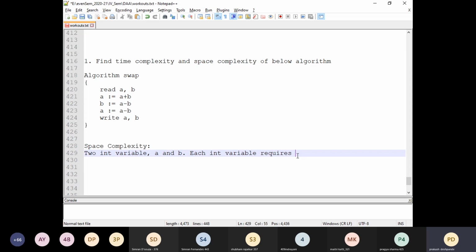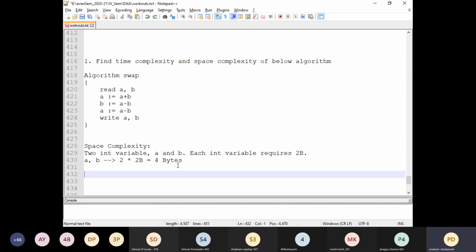What is the memory required for one integer variable? That is 2 bytes. So total, A and B require 2 multiplied by 2 bytes of memory, which equals 4 bytes. 4 bytes is the space complexity of this algorithm.